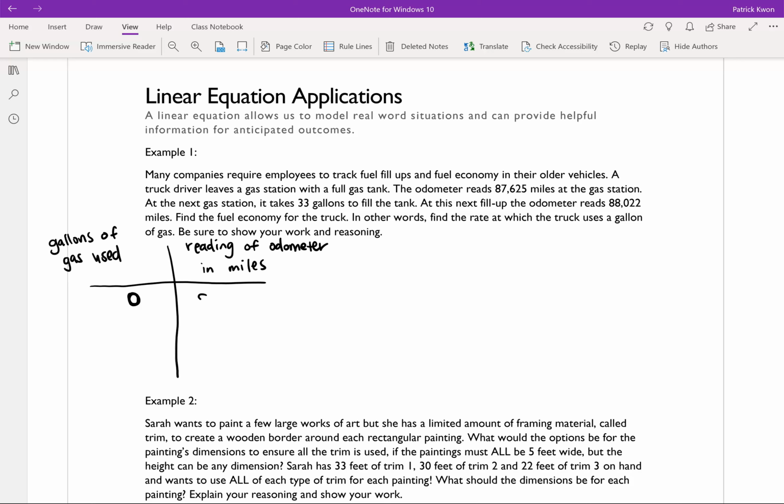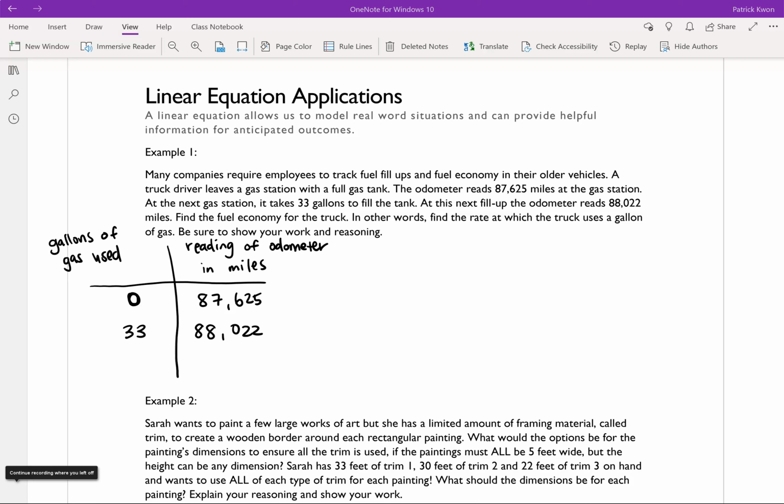Initially, it read 87,625. And then at that next checkpoint, they end up filling the truck with 33 gallons of gas. And at that point, we have 88,022 miles. And so at the end of the problem, it says, in other words, find the rate at which the truck uses a gallon of gas.